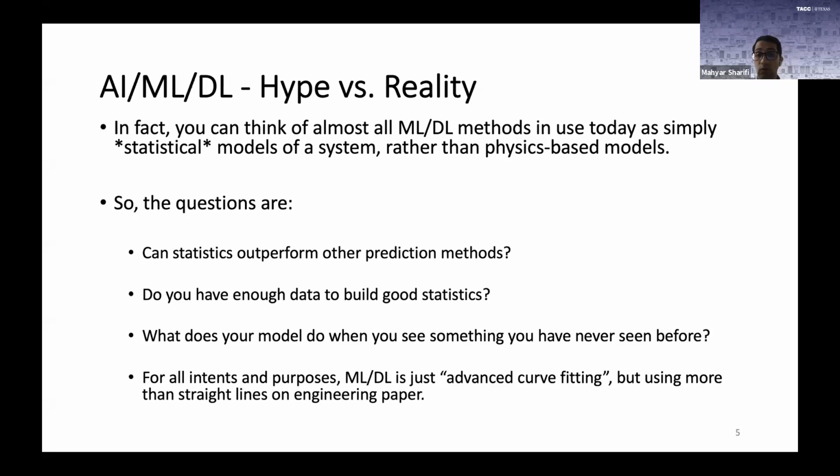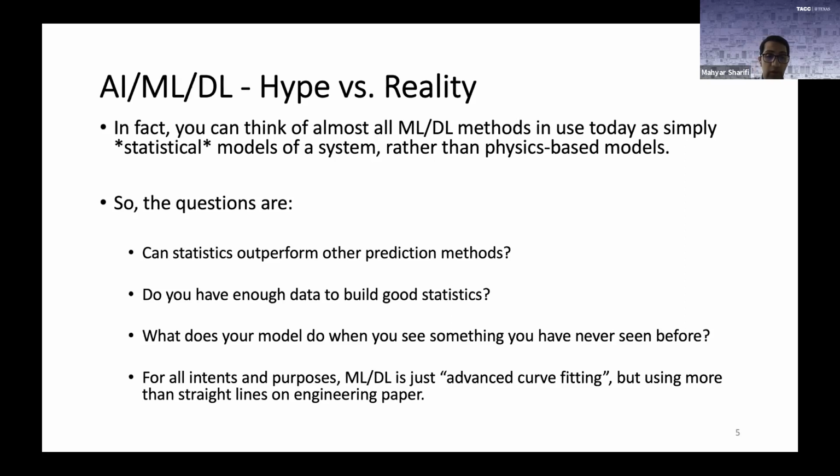statistics can outperform the predictions that might arise from other models, do we have enough good data already stored that can be used to build these good statistics? And what does your model do when it sees something that it has never seen before?